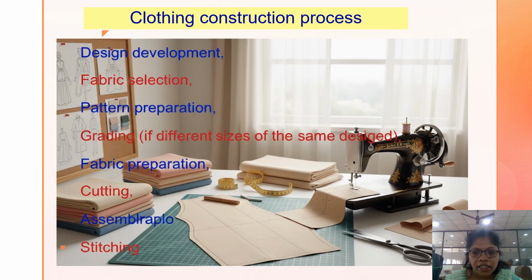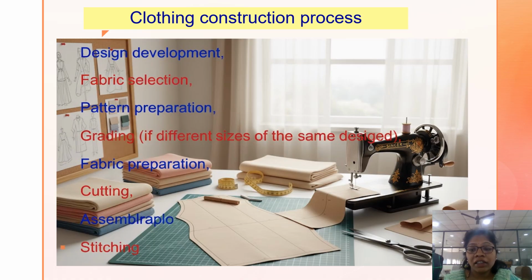Where does it start? Generally, clothing construction starts with designing the garments. Every time, it starts with the design development process, according to the customer's needs or for an individual purpose. It is followed by fabric selection, choosing the type of fabric suitable for the particular design.